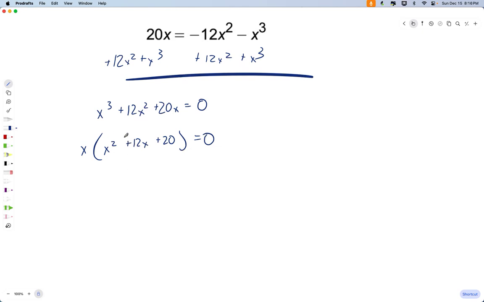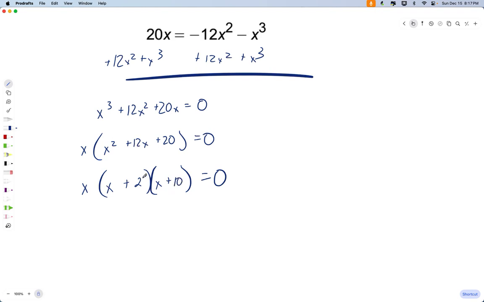We're going to try to factor it. So we've got x, and let's see, 20 is 2 times 10 or 4 times 5. So to get 12, it needs to be a positive 2 and a positive 10, because 2x and 10x gives us 12x. So that's how we would solve that.